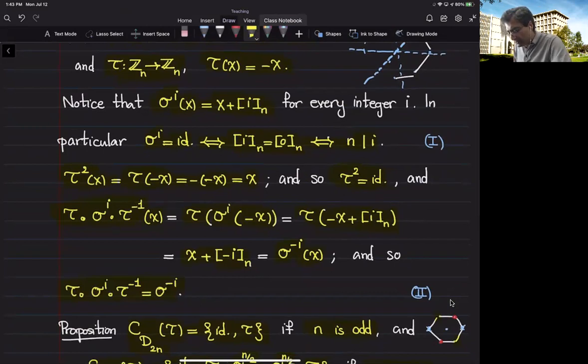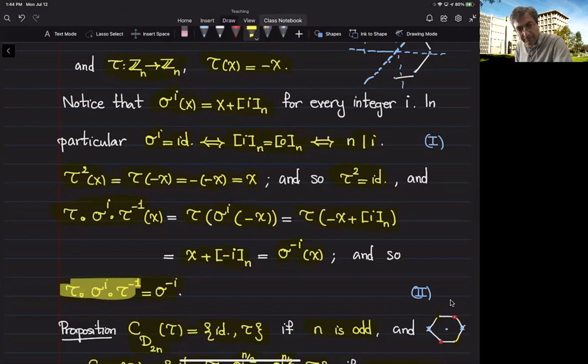From here, we can deduce that if sigma to the I commutes with tau, if sigma to the I is in the centralizer of tau, then tau sigma to the I tau inverse is supposed to be equal to sigma to the I.